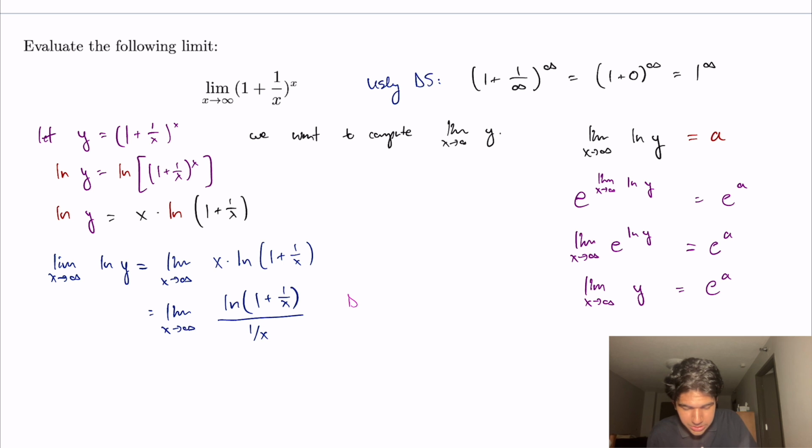And now if we were to use direct substitution, we get ln of 1 plus 1 over infinity, which we said was 1, divided by 1 over infinity. The natural log of 1 is 0. 1 over infinity is 0. Aha! Now we can use L'Hopital's rule. So, you have to be getting used to this, where maybe you use direct substitution and you get like infinity times 0, and then just do a little bit of rearrangement and you can see, I've gotten the form that I want, 0 over 0. I can work with this.